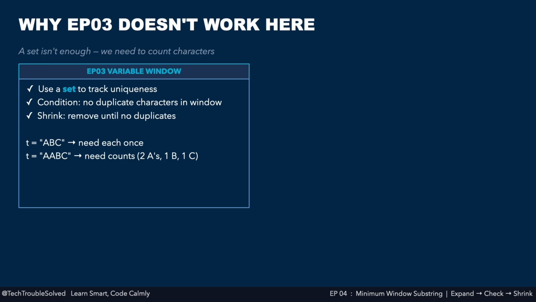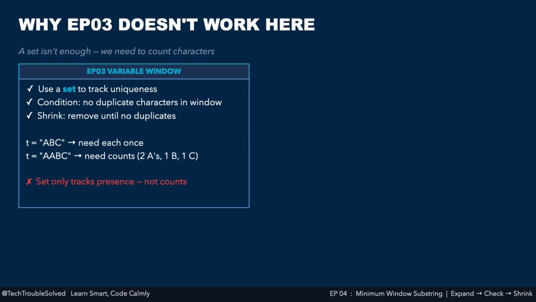Yes. But it has no idea if there is 1 A or 5 A's in there. A set tracks membership, not quantity. So we need to stop asking, is this character here? And start asking, do I have enough of this character? That means switching from a set to frequency maps, dictionaries.